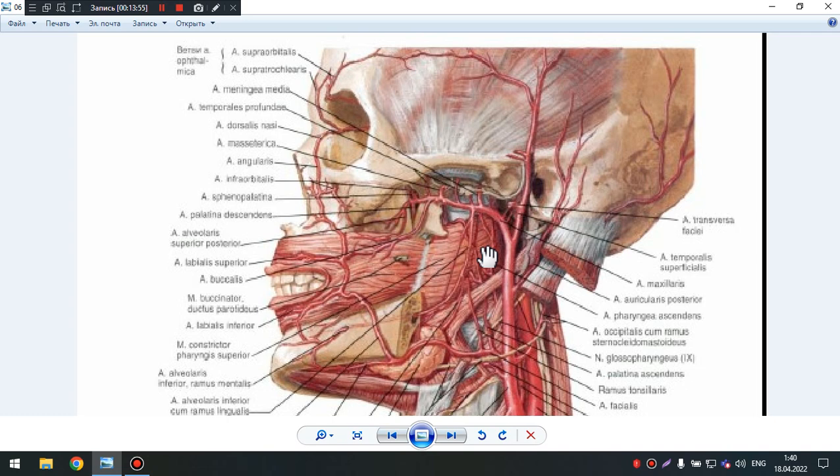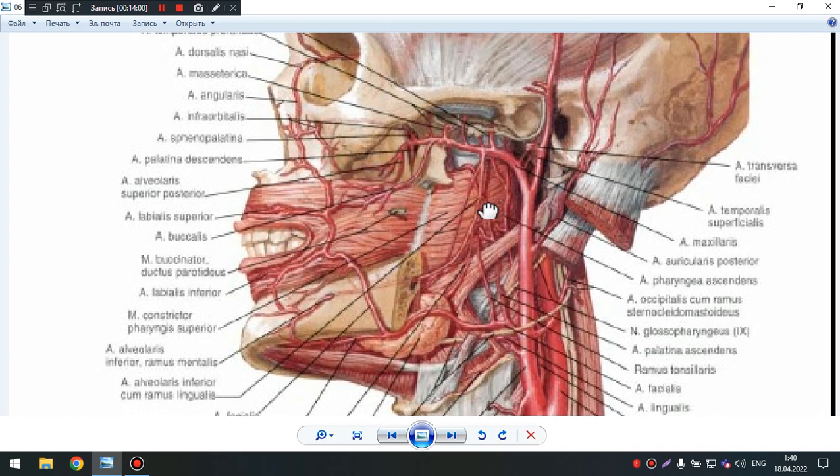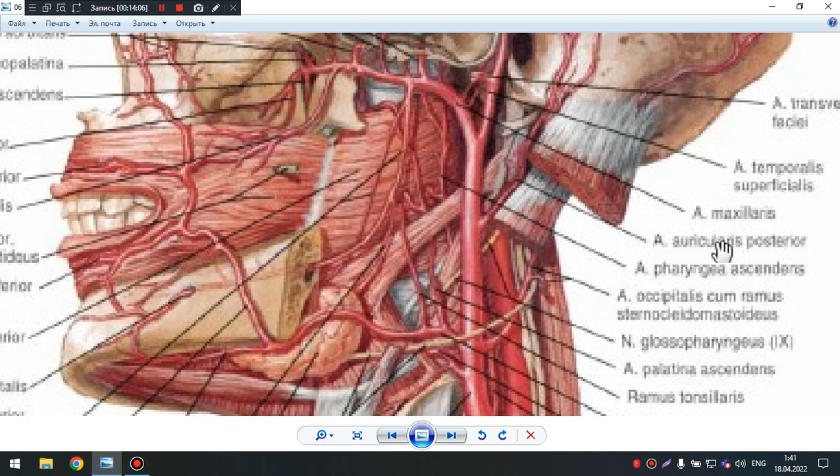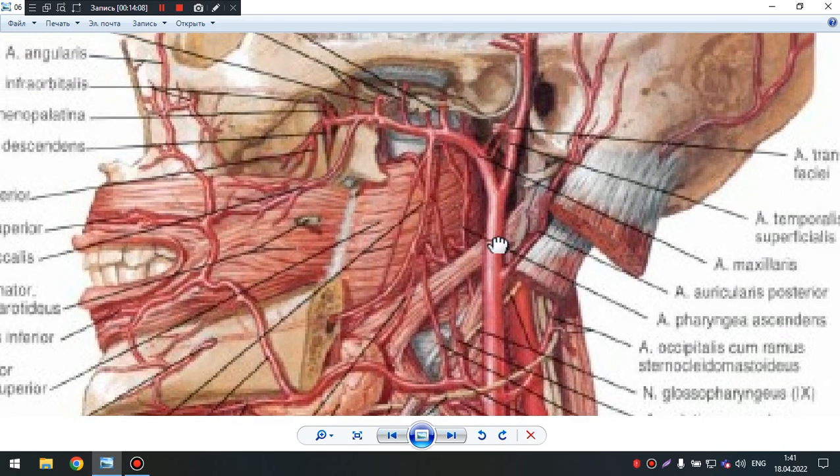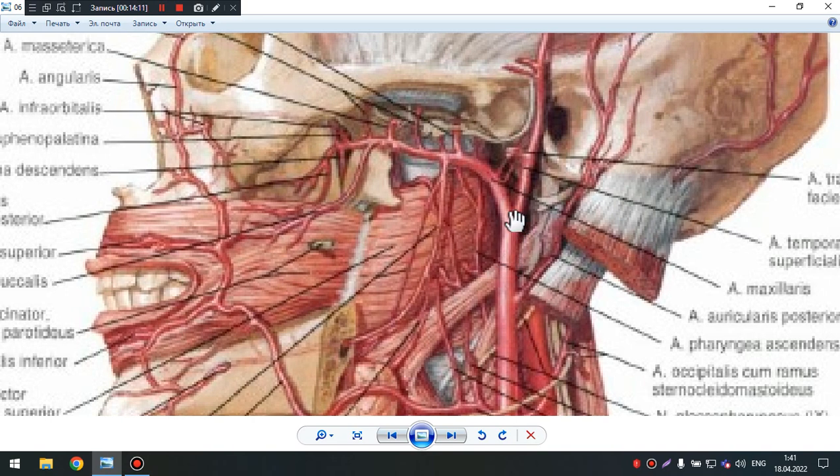The main important artery of the middle group is the maxillary artery, arteria maxillaris. This maxillary artery originates at the level of the posterior belly of the digastric muscle.